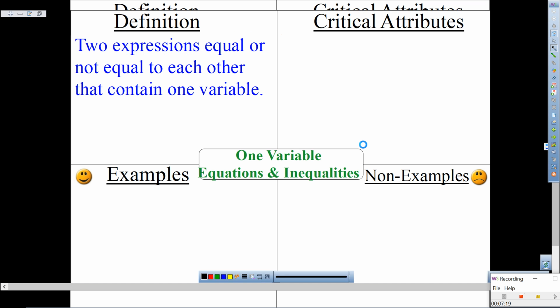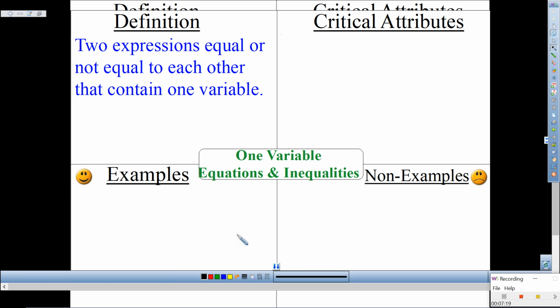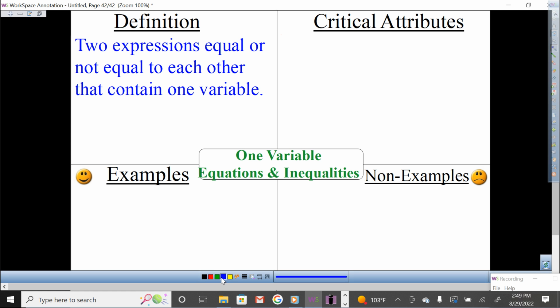All right, let's see what we got. Luis, can you give us an example, please, of a one variable equation or inequality? 3x plus 1 equals 70.